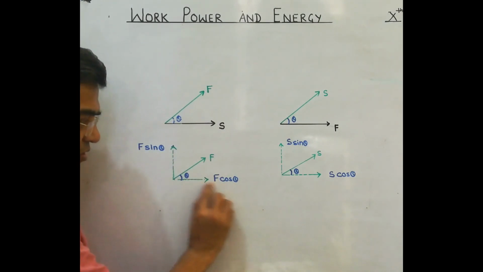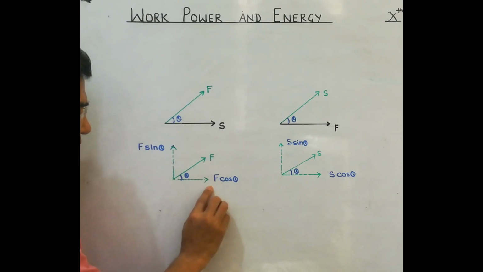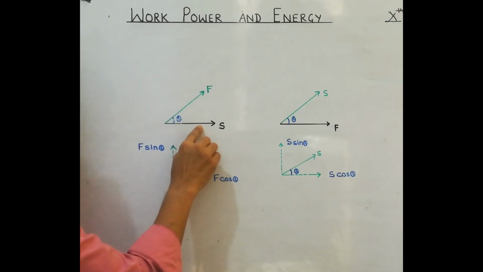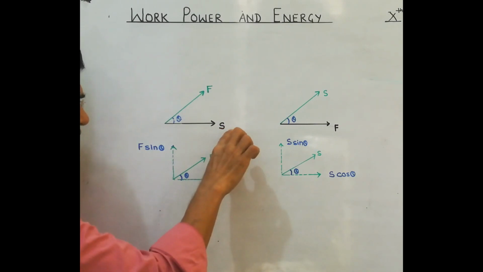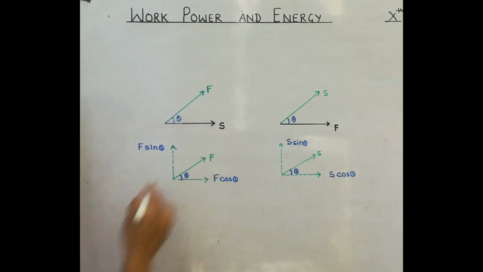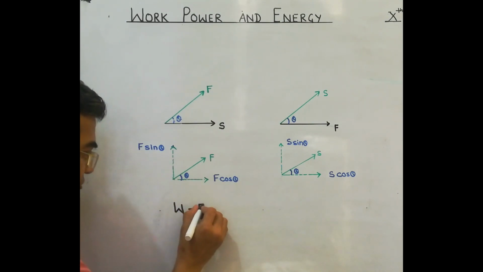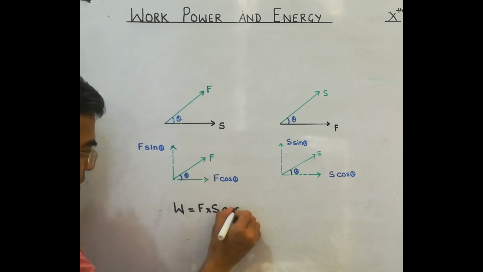This horizontal component, as you can see, is in the direction of the displacement. So we will multiply these two to get the work done. From this case you can say the formula for work is F into S cos.